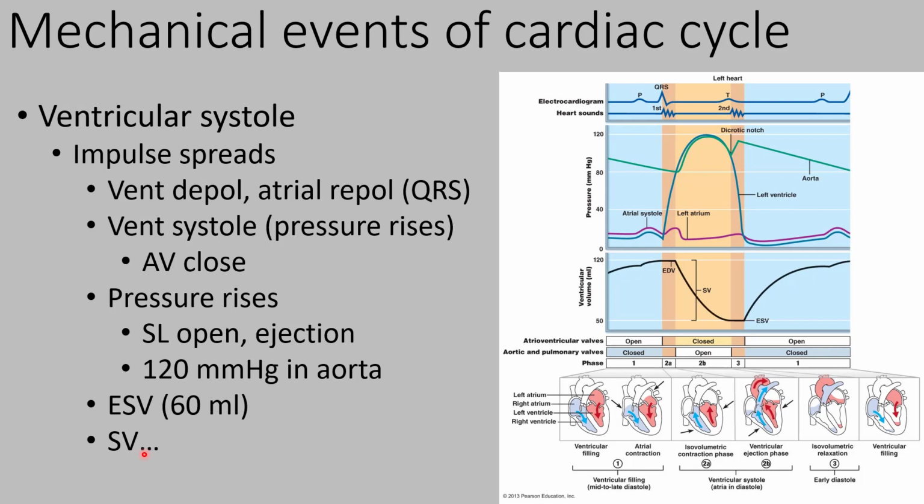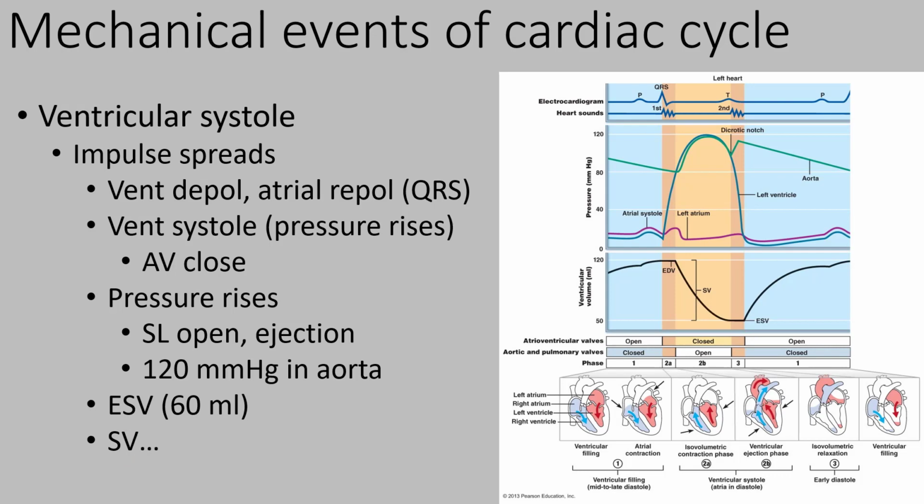And the way to calculate stroke volume is EDV minus ESV equals SV. End diastolic volume minus end systolic volume equals stroke volume.